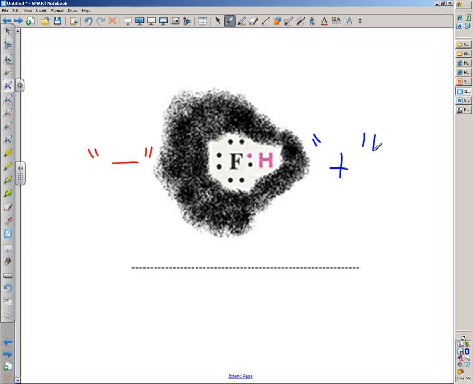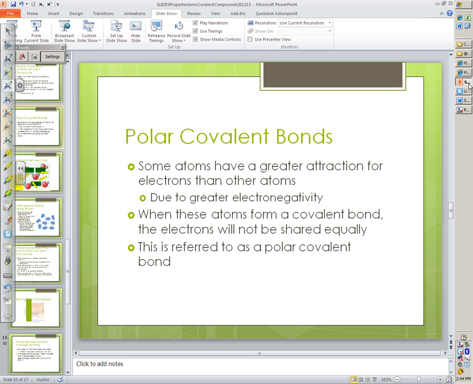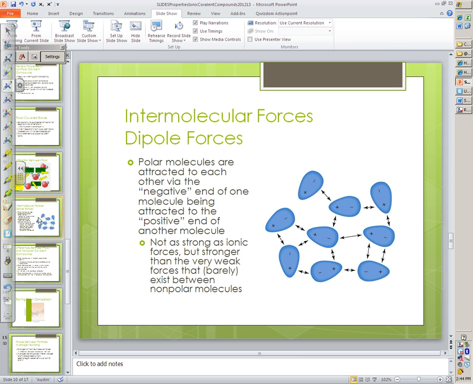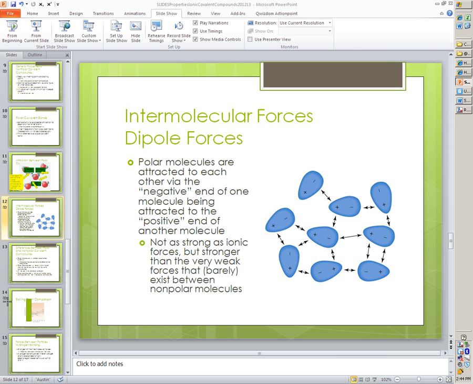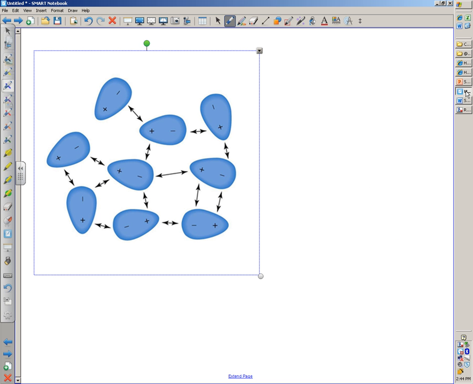Yes. Alright, so next I draw your attention to the two pictures at the bottom of page 2 of your outline, especially this one. We have these blue eggs, and inside these blue eggs are the little positive sign and the little negative sign. These blue eggs represent polar covalent bonded molecules.